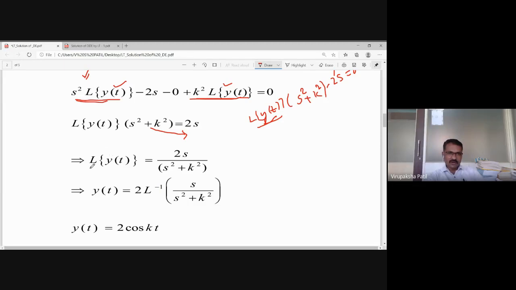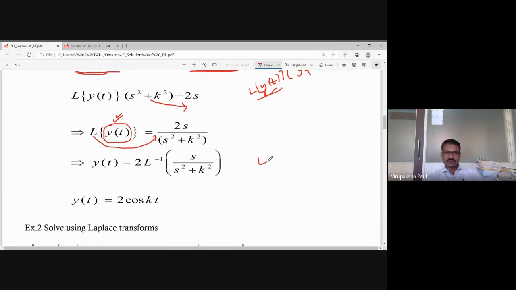Now what we have to do? We are not required to find the Laplace transform of this function. We are required to solve this. Solve this means we have to find the value of y. So it is L of y of t there, so taking the inverse of this, it becomes y of t is equal to 2, which I have taken outside, times L inverse of s divided by s square plus k square. And already you know the L inverse by using the standard result. So that's why I'm telling you, remember this.